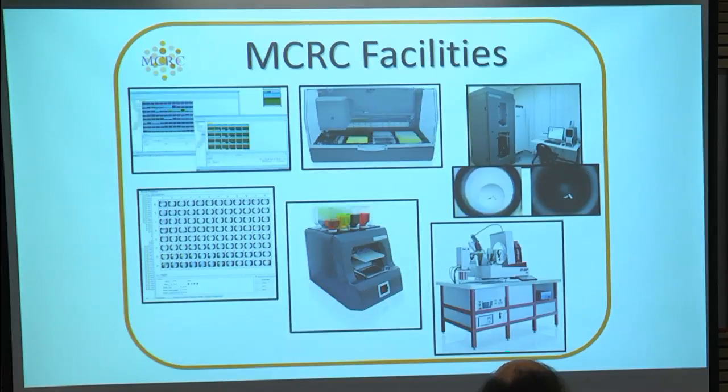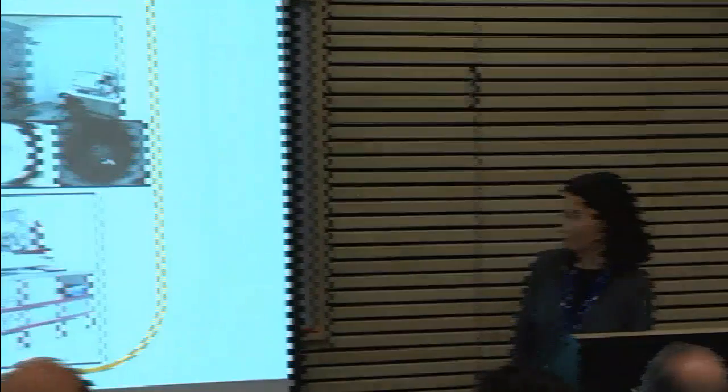And if we have proper crystals that are big enough, we also have two instruments like this, which are X-ray for the lab systems. We did collect much data to resolution around 2 angstroms. And we also go to synchrotrons with all the projects we have in the center. That's it. Thank you.